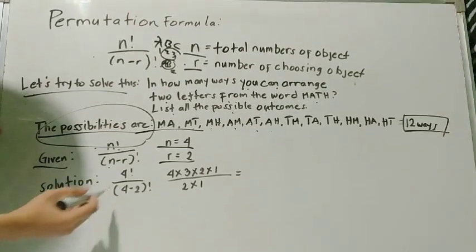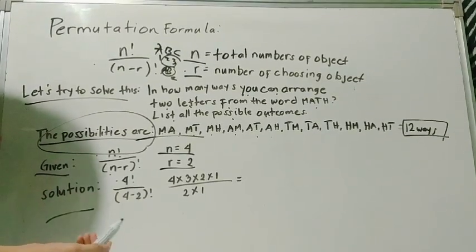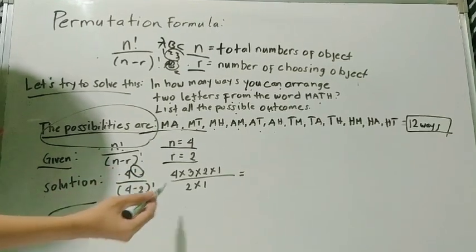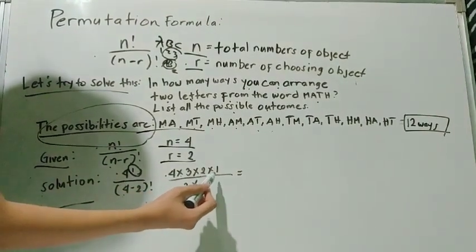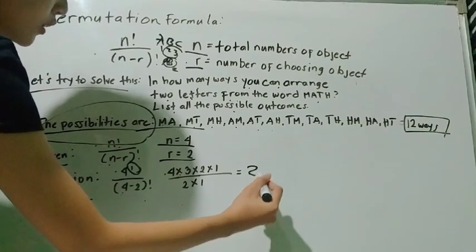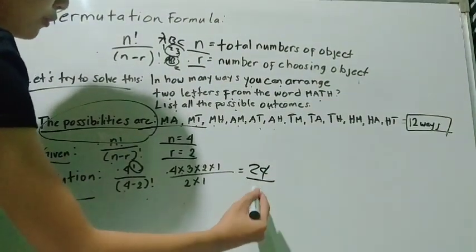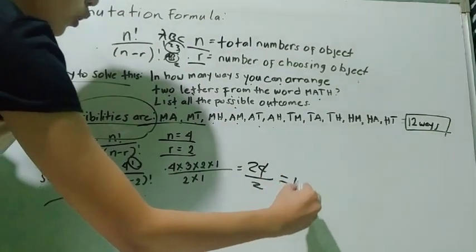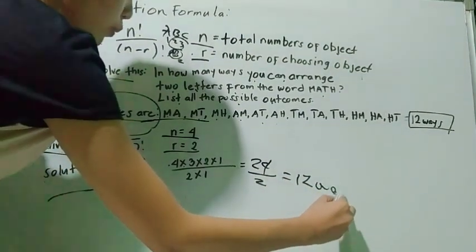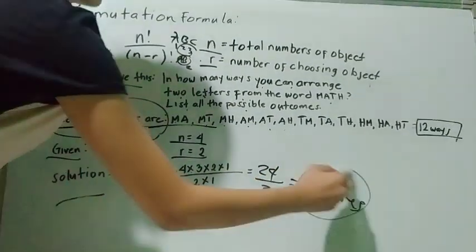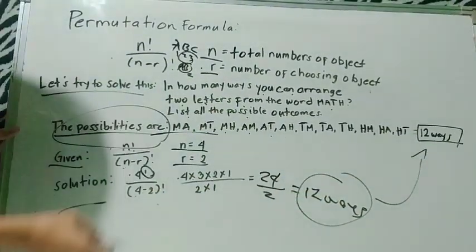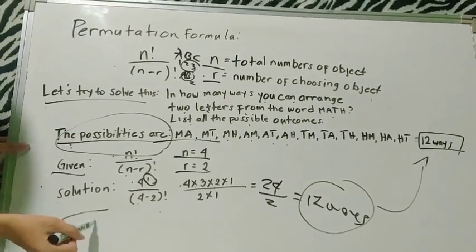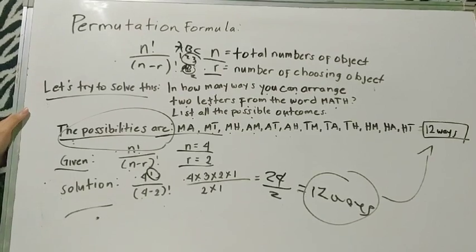Solution: 4 factorial over (4 minus 2) factorial. Since it's factorial, 4 times 3 times 2 times 1 is 24, divided by 2. So 24 divided by 2 is equal to 12 ways, the same as before, but the listing is quite time-consuming. When we use the formula, it's really easy and not time-consuming.